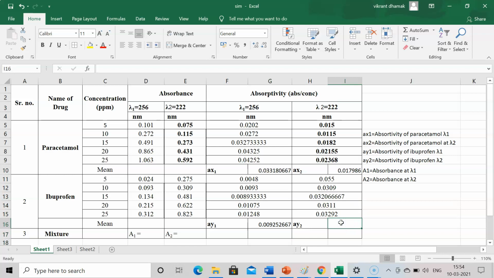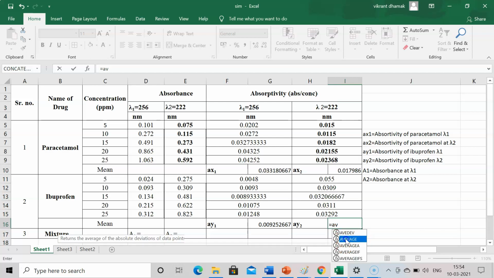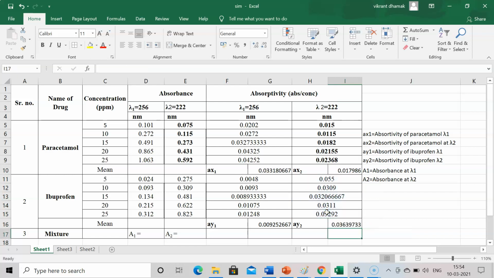Similarly for AY2, press equal to, average, select the cells and press enter. So now you have got the values of AX1, AX2, AY1, AY2. The respective meaning of these values is given over here. We need these values in the formula.